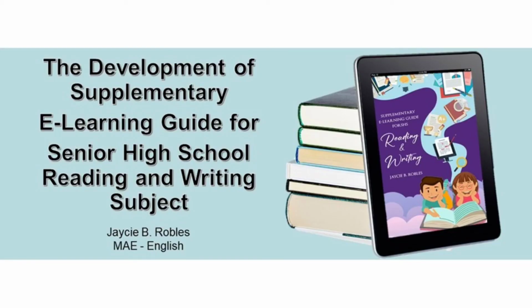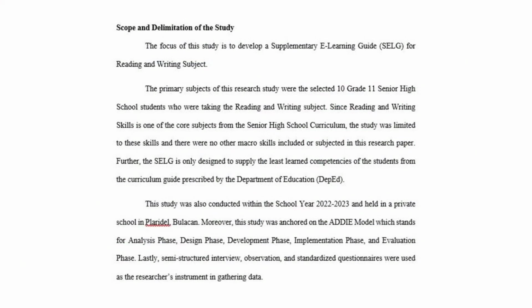So for better understanding of our lesson, let's have an example. I have here my research titled The Development of Supplementary E-Learning Guide for Senior High School Reading and Writing Subject. For its scope and delimitation, sa unang paragraph, it is a simple sentence only about the variables and the end goal ng research.